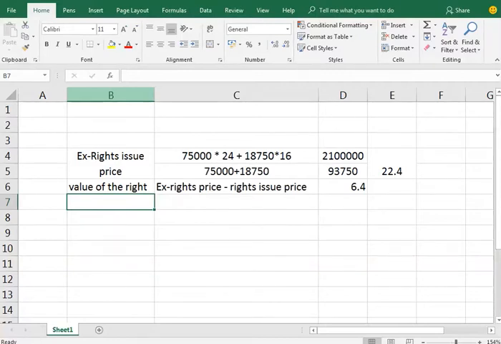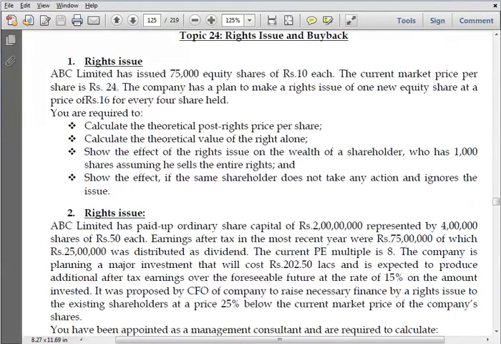Any doubts on 6.4? So it's up to you whether you want to do it or sell it, but you have to do one of them. Keeping quiet, you will see that in some time. Any doubts on 6.4? No need to remember the formula, be clear on the logic.